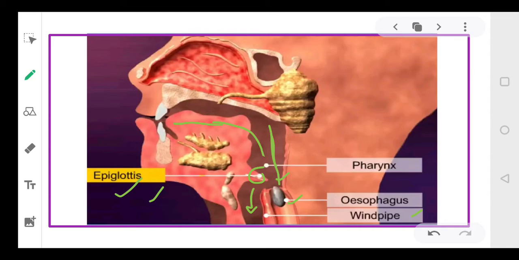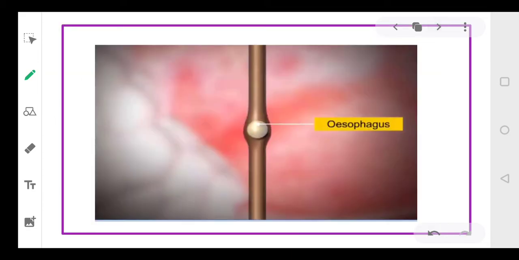So when you swallow, the food will enter into the esophagus. It will be prevented from entering into the windpipe by a small movable structure which is called epiglottis. Now the food has entered the esophagus, so it will move down and this movement is called peristalsis.